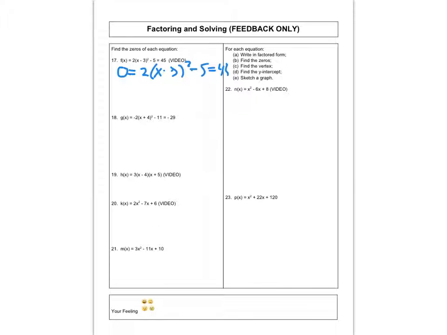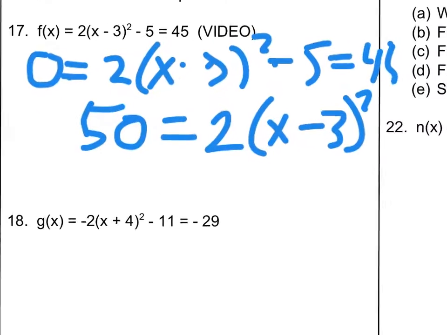We're going to change these problems also so that the math comes out the same. The goal here should have been for this to end up being 50 is equal to 2 times x minus 3 squared. I'm going to zoom in so I can actually make use of my space here.